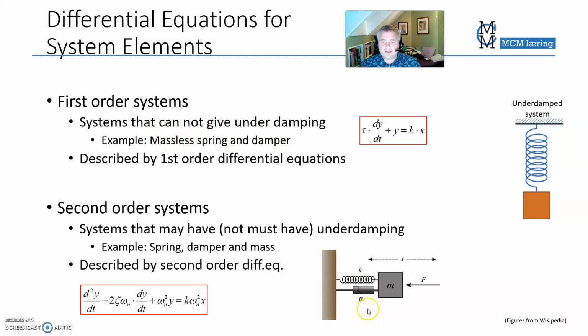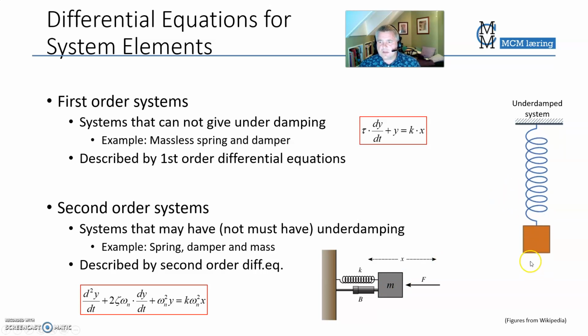So it would be like this system, if you imagine this system hanging, but there were no mass there at all. Now the mass is the only thing that has the ability to create an overshoot here.